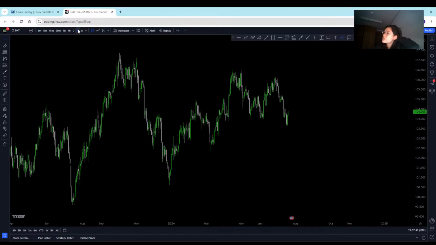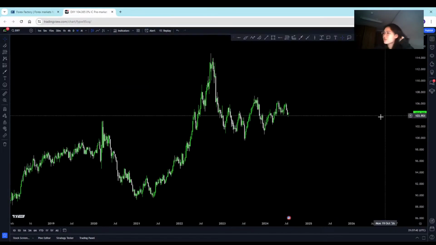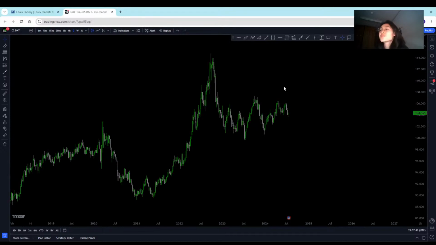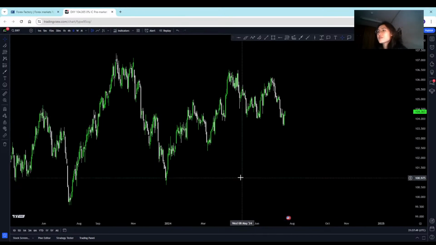Again, I'm starting off with the weekly time frame. You can see price kind of moving upwards. On the daily time frame, you can see it kind of fluctuating here.